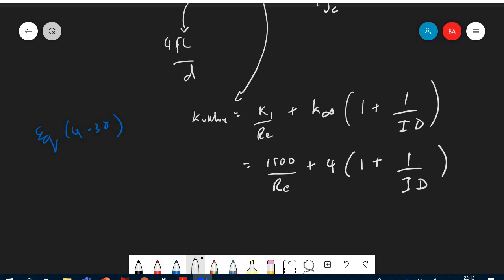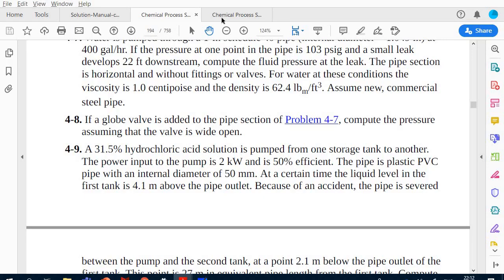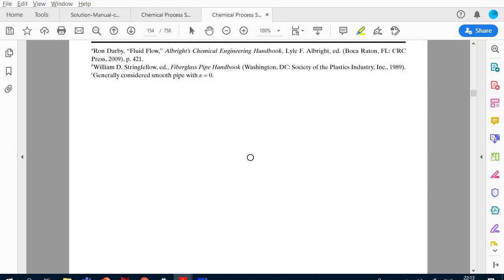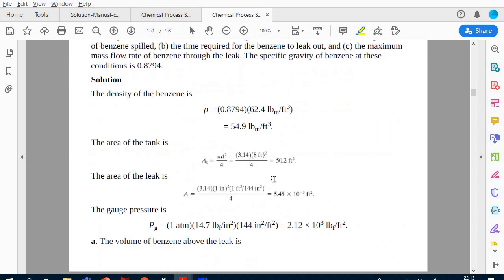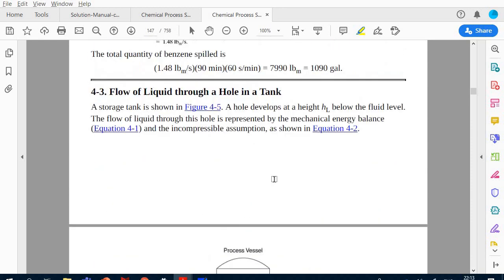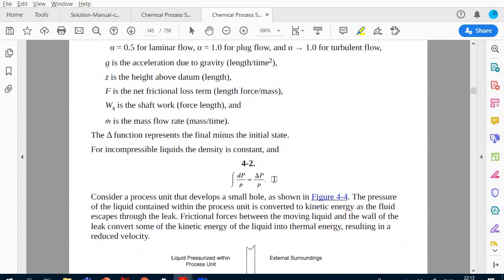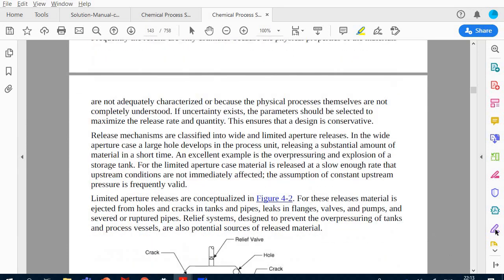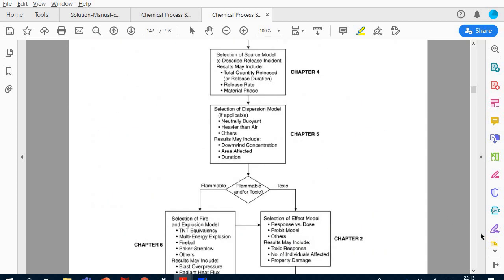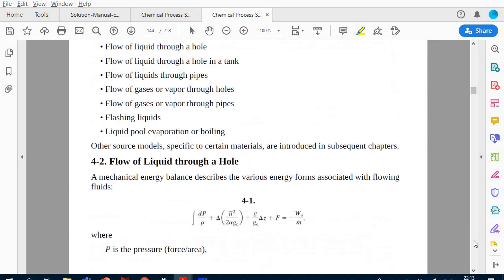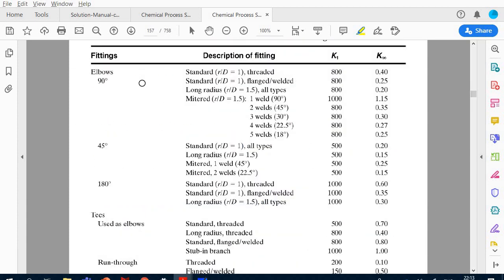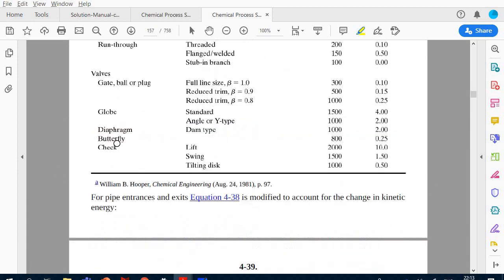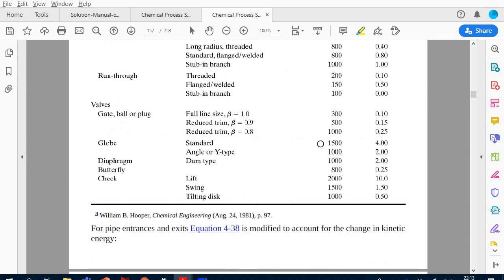If you just go back, I just want to show that to you to feel more comfortable. Looking at the 2K method that we have here, we have a globe valve.